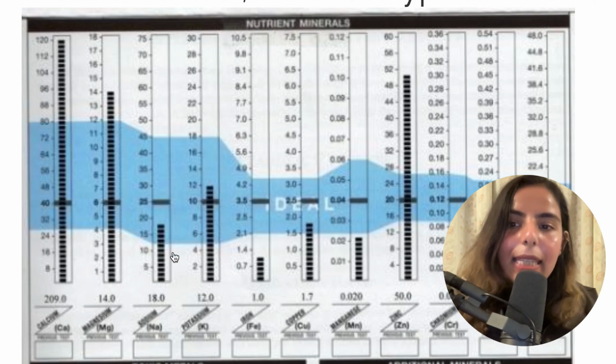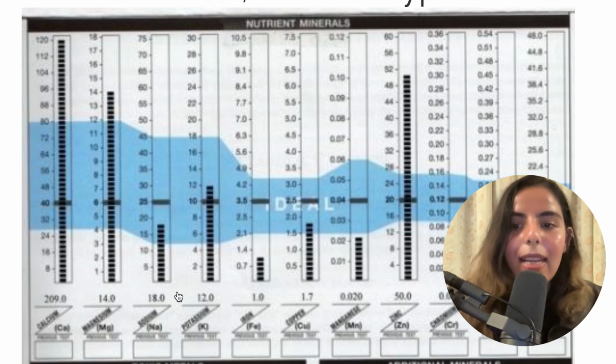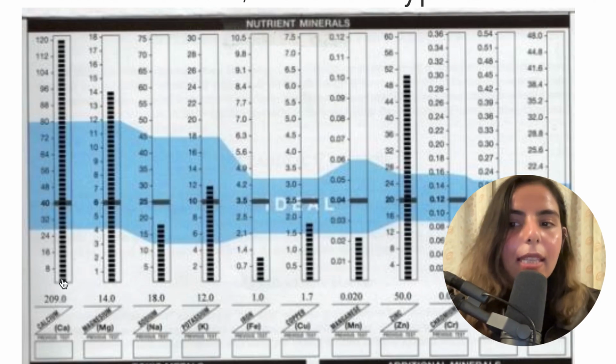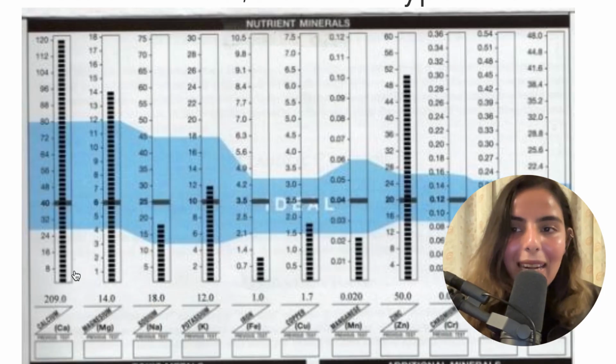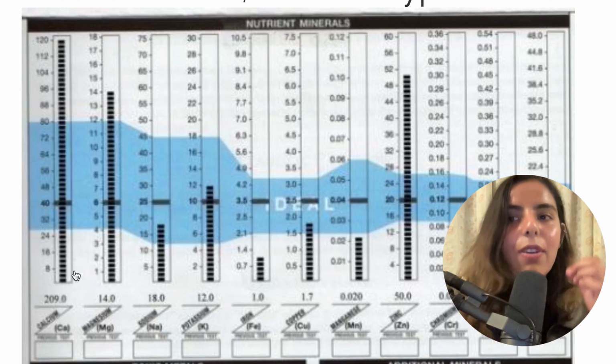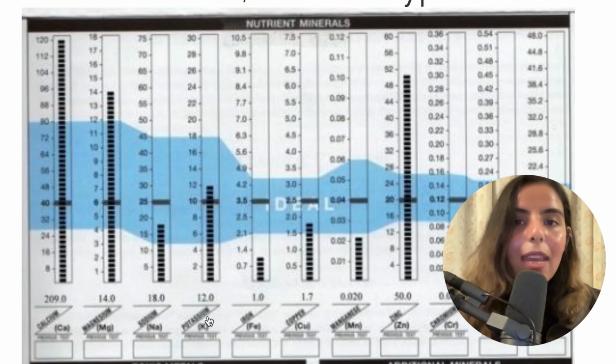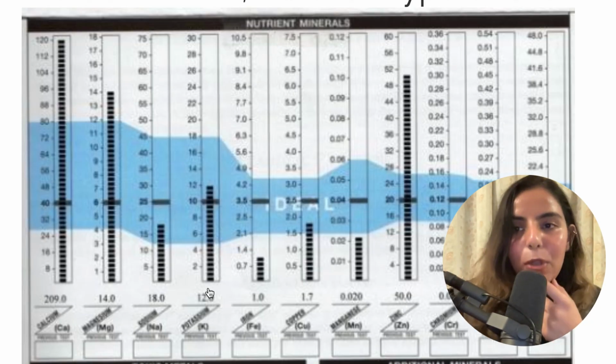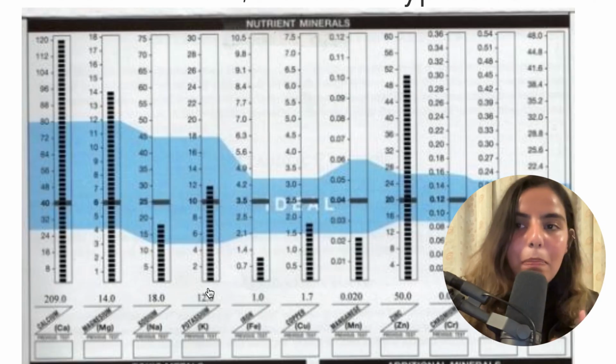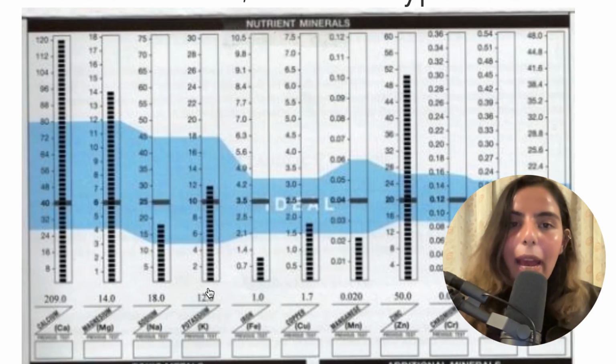In this case, she still has a calcium shell. This is a case of thyroid imbalance. So we calculate thyroid imbalance from the HTMA report based on Ca to K ratio, calcium to potassium ratio, calcium being on top. Calcium to potassium ratio is what gives me the reflection of your thyroid health.